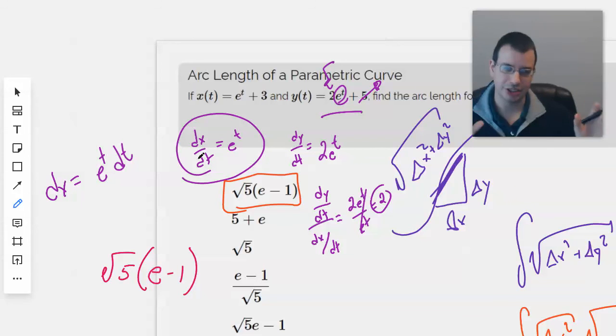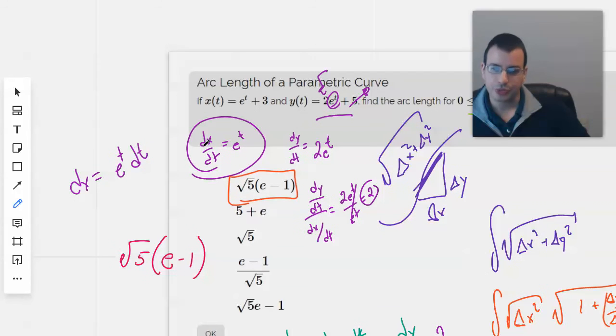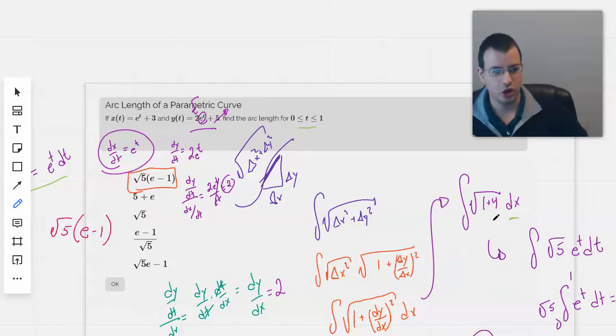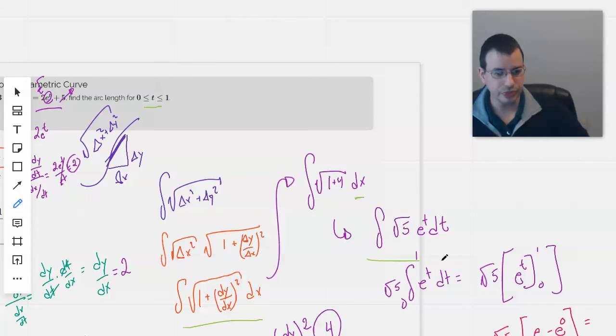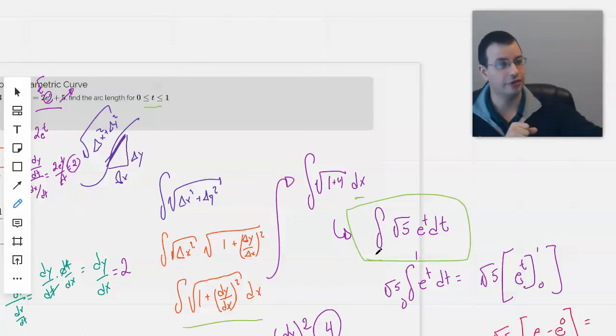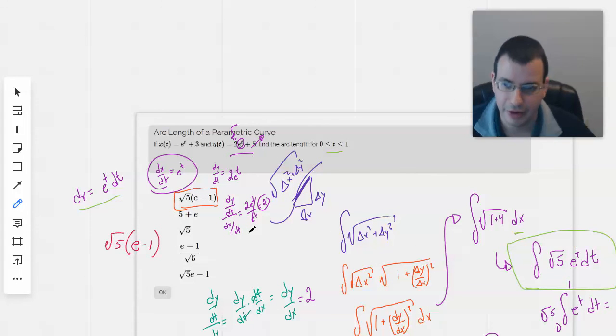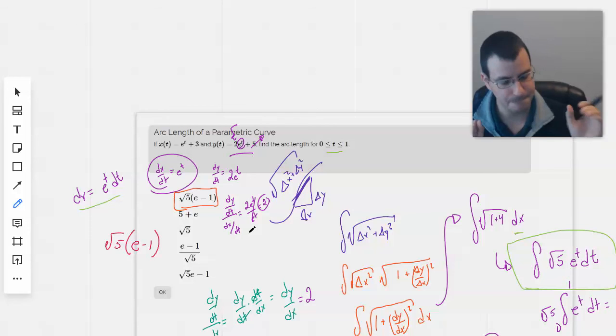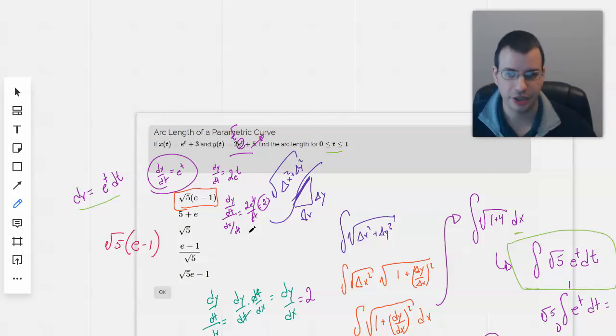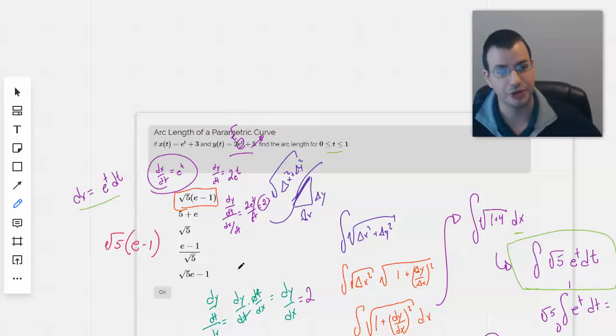And I know this isn't entirely kosher in life, but it works, and it's reasonably correct. You say that dx equals e to the t dt. You just move your dt over. So you substitute in e to the t dt over here. And now you have everything you need to solve for the integral. You evaluate the integral, you get an answer, move on with life. And that is how you do arc lengths using a parametric curve and parametric equations.